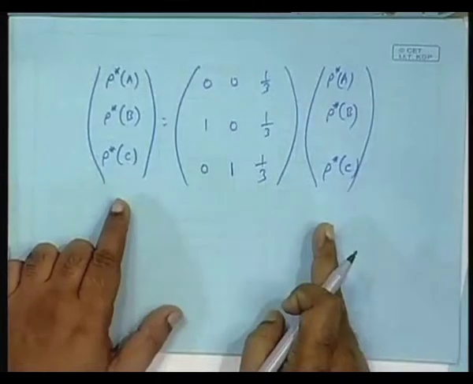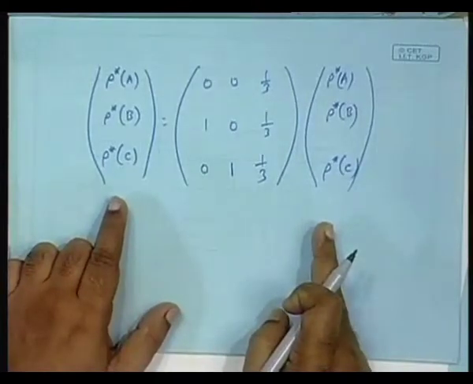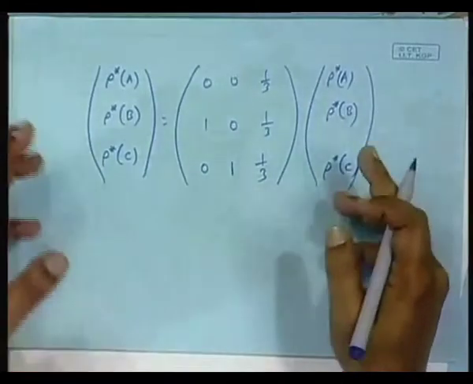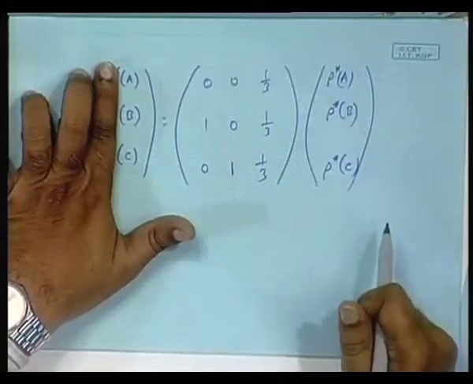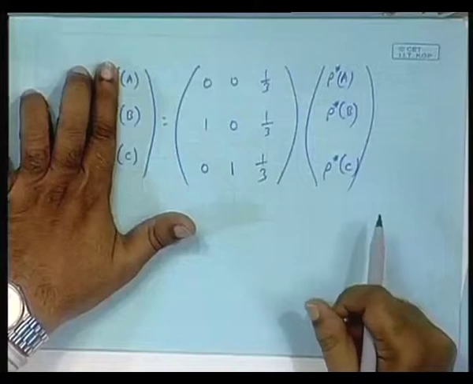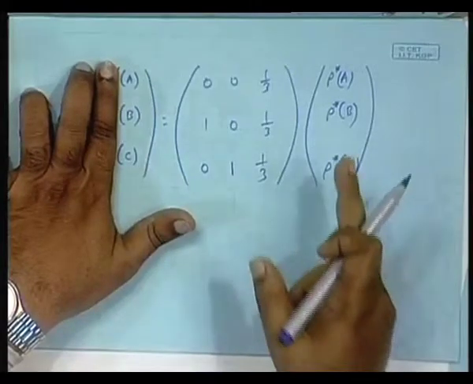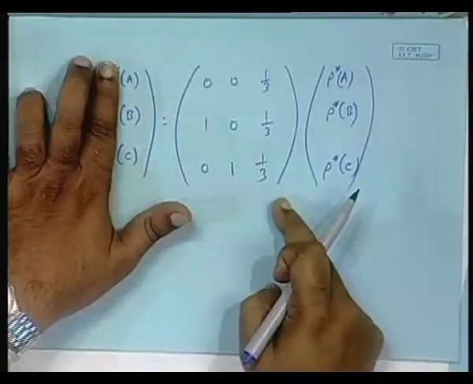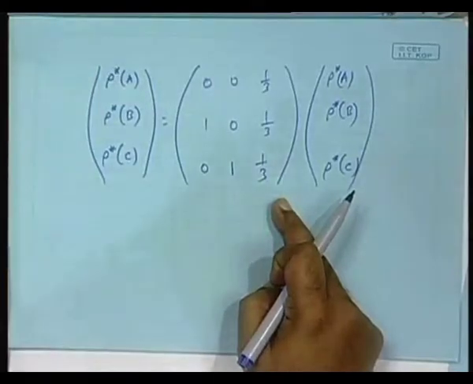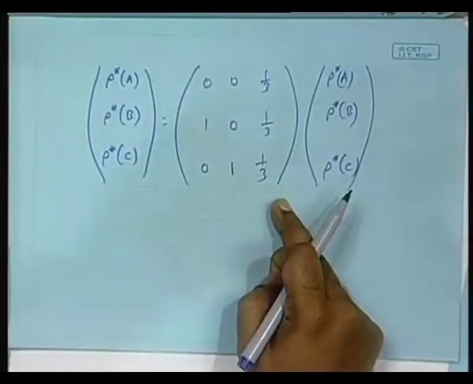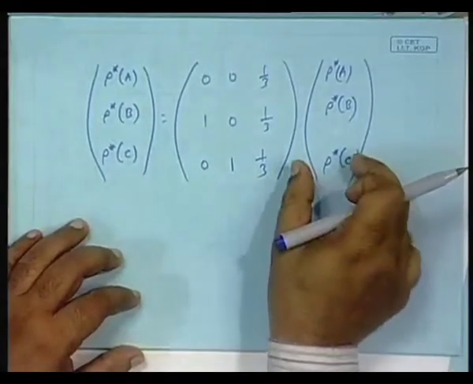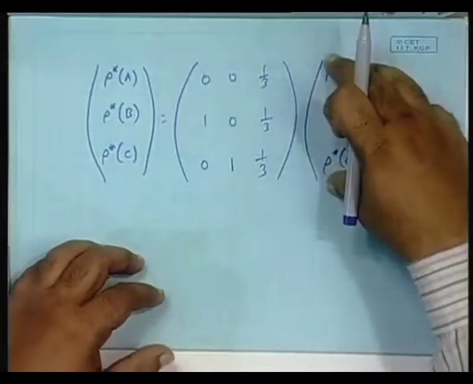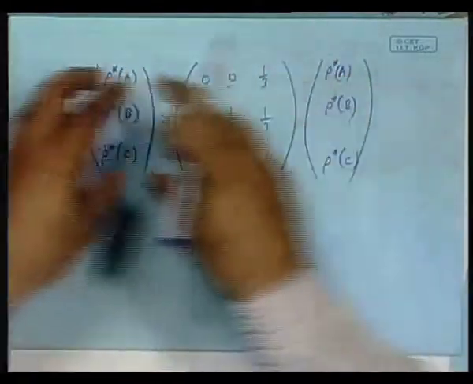Do you notice what is happening here? Very interesting. It means that we are interested in finding this. This is nothing but the eigenvector of this matrix with eigenvalue 1, because this vector when operated on by this matrix gives me this vector.